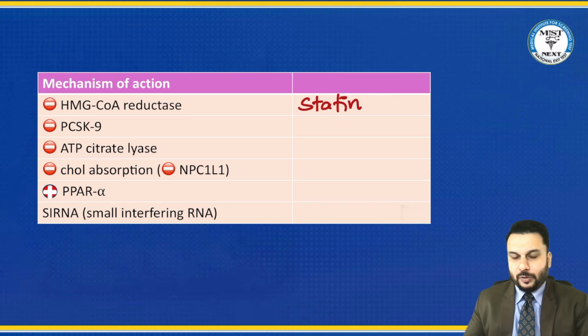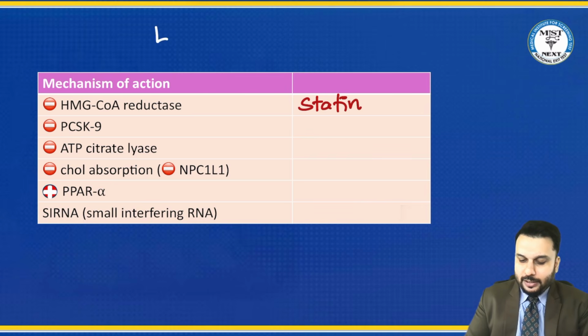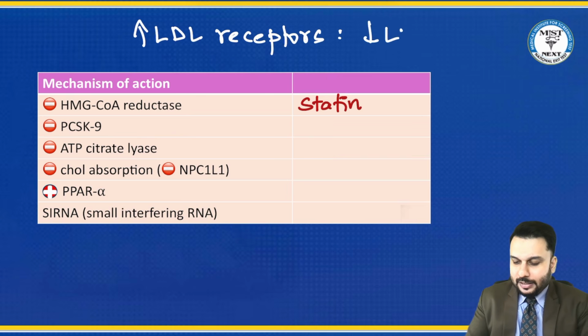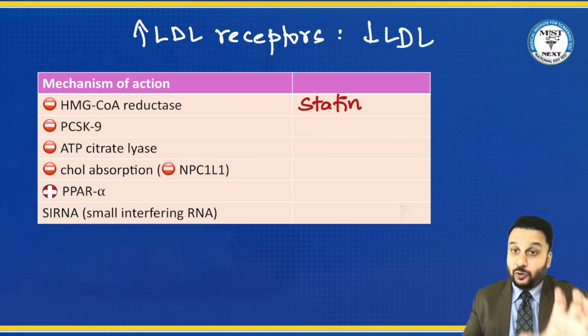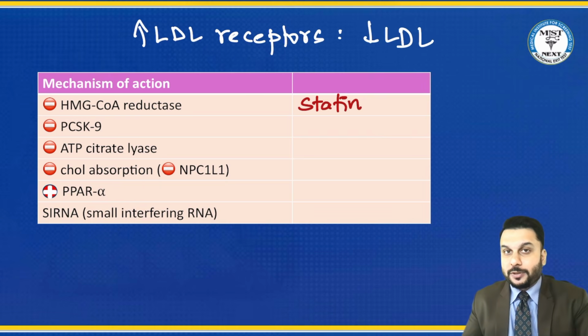Next, PCSK9 inhibitor. So first you must know what is this PCSK9. See, in our body there is something called LDL receptors. When there are more LDL receptors, there will be less LDL because they will consume the LDL. So the more the receptors, the better for us.